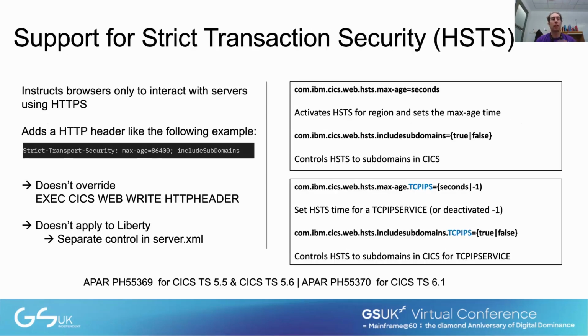There we go. So what else have we done? We've added support for HTTP strict transport security, that should say, rather than transaction. Strict transport security is mostly of interest if you deal directly with, say, user agents, so typically browsers.